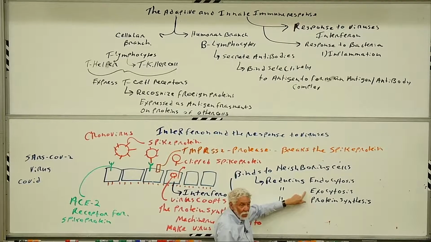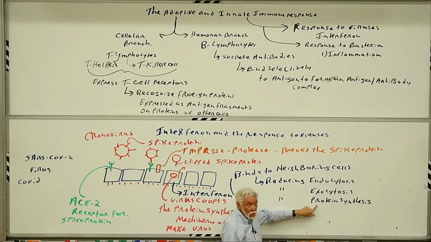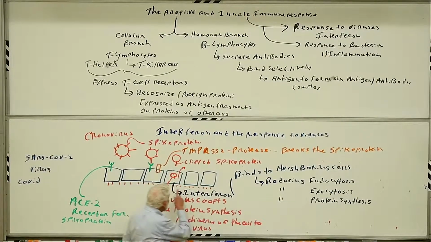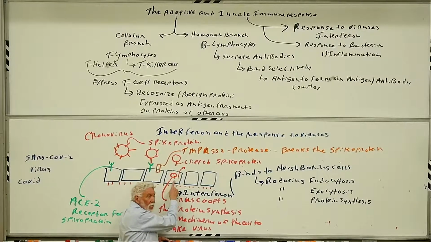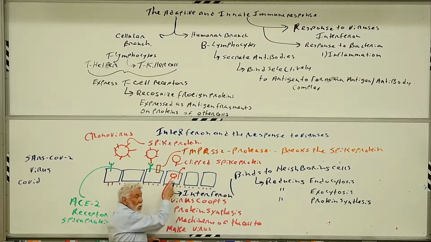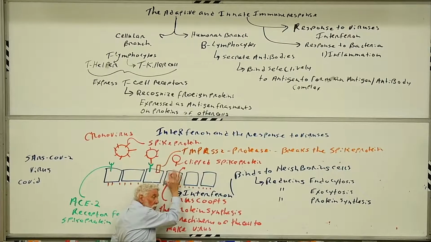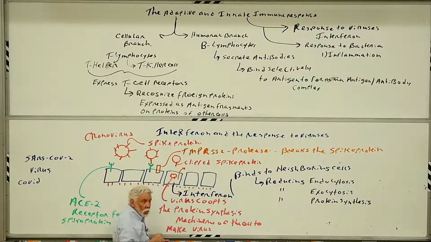And then, even more so, we slow down protein synthesis because these virus-infected cells are making thousands of copies of the virus itself by co-opting the protein synthesis machinery of the cell. So if you can suppress the protein synthesis machinery of the cell, then you reduce the number of viruses that are released.